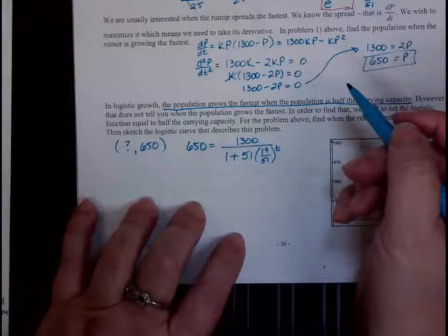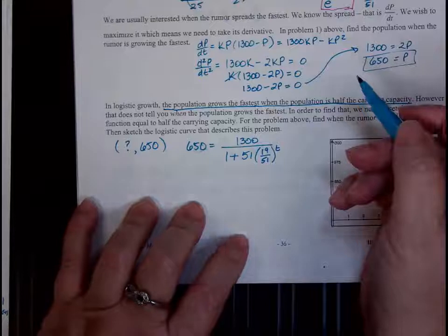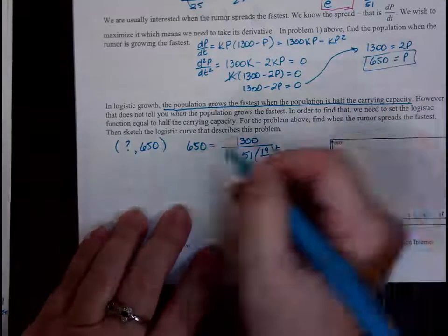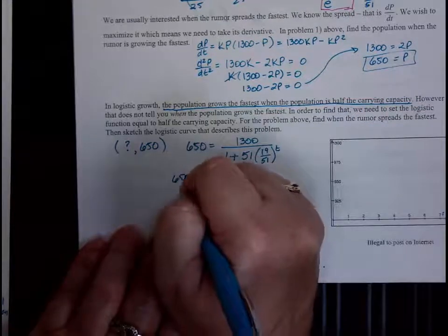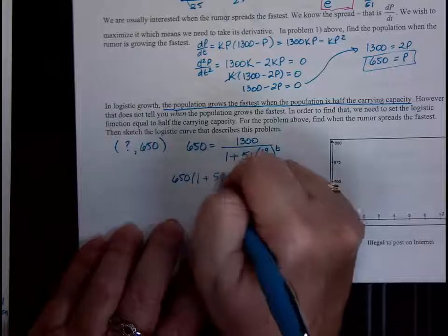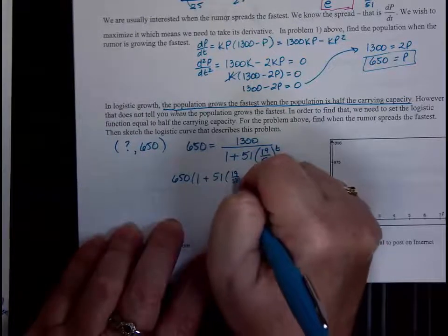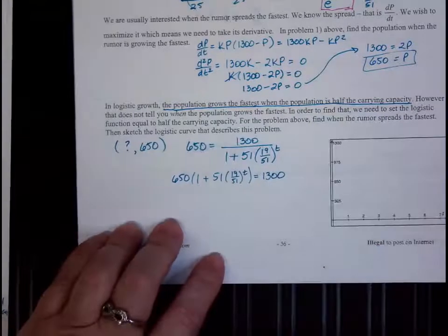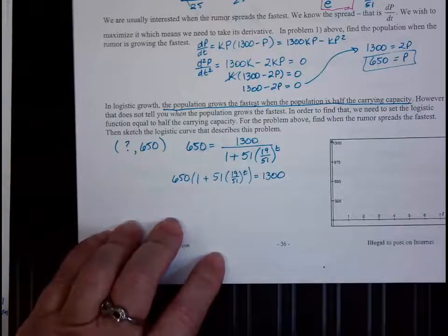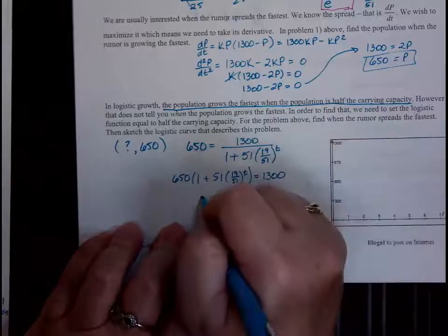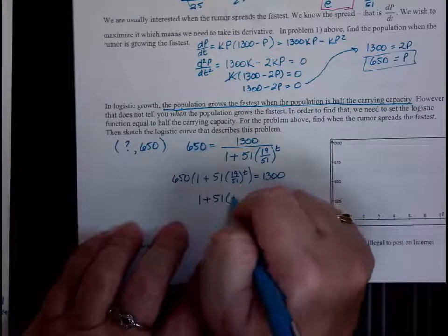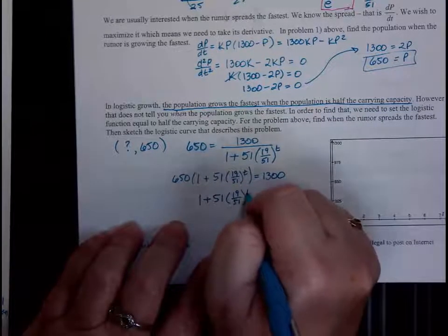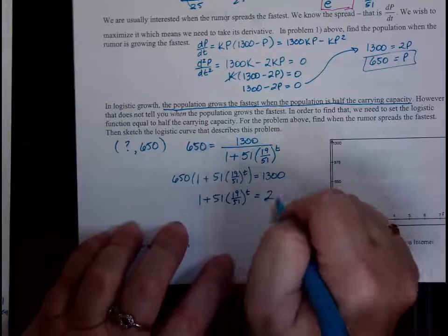What am I going to do first? Multiply by the denominator. That's what I always do. So 650 times (1 plus 51 times (19/51) to the t) equals 1300. Divide by the 650: 1 plus 51 times (19/51) to the t equals 2.